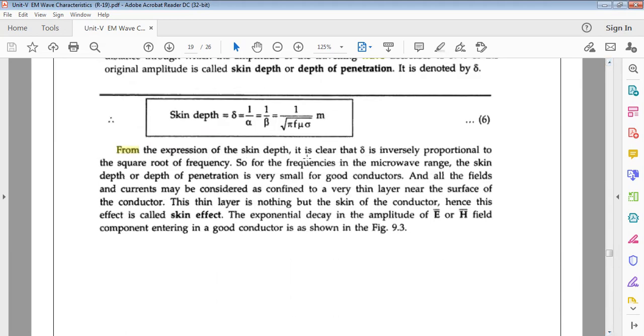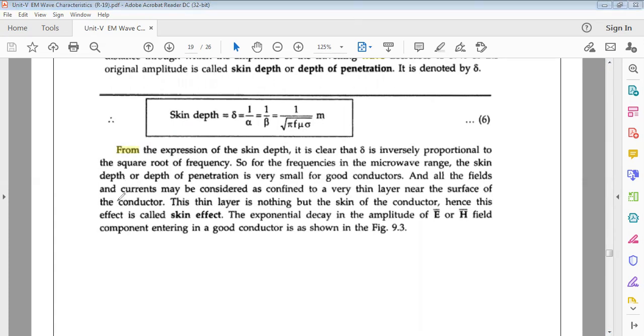From the expression of the skin depth, it is clear that delta is inversely proportional to the square root of the frequency, root f. Mu is constant, and conductivity is also constant. So for frequencies in the microwave range, the skin depth or depth of penetration is very small for good conductors.